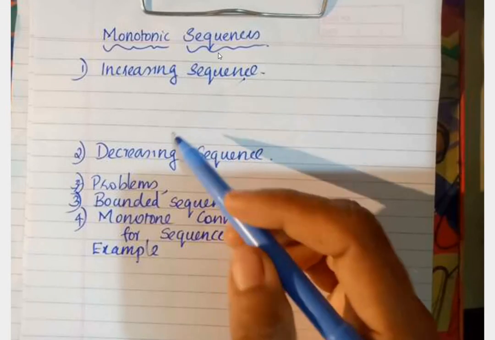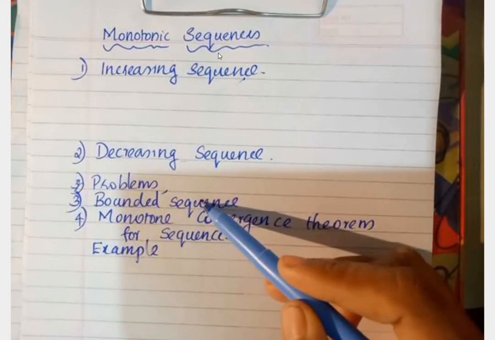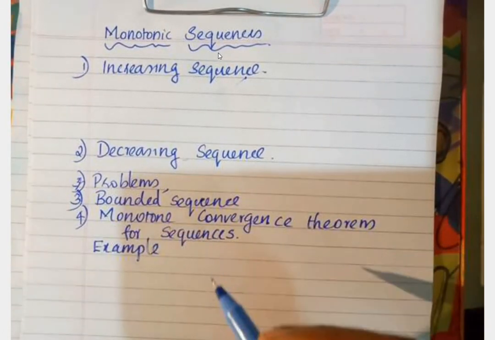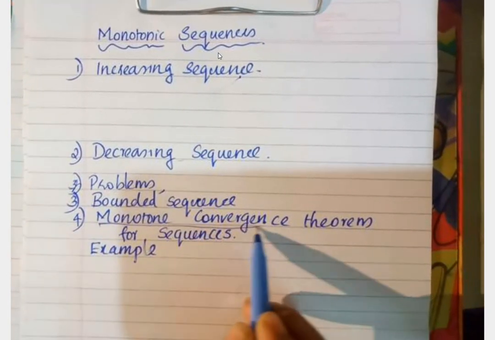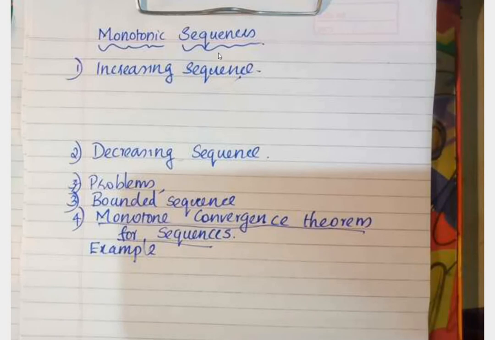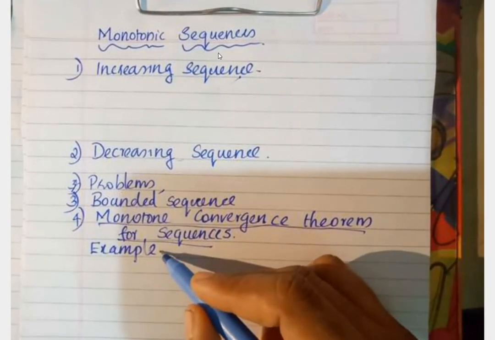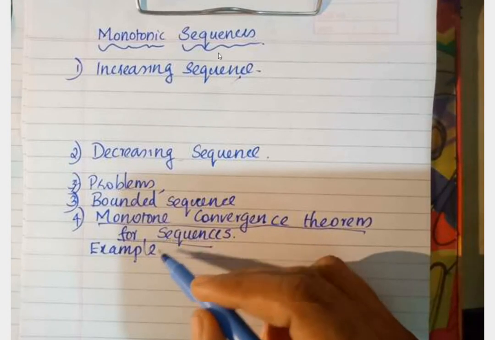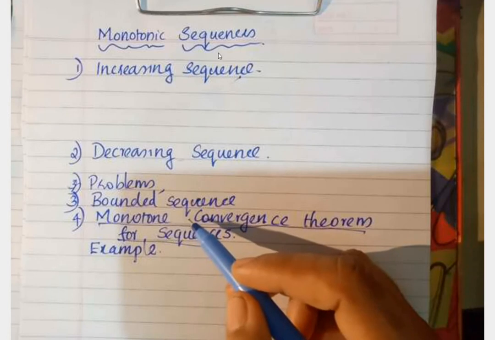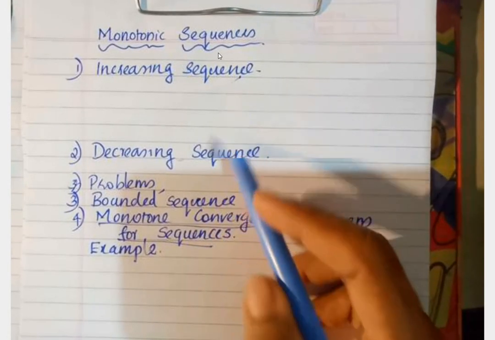Next is the bounded sequence and a problem related to that, and a very important theorem, the monotone convergence theorem for sequences. The statement you have to study, and the proof is omitted. And one more example related to the monotone convergence theorem and bounded sequences. These are the things I would like to discuss in this video.